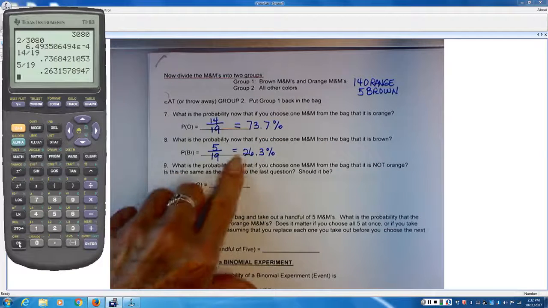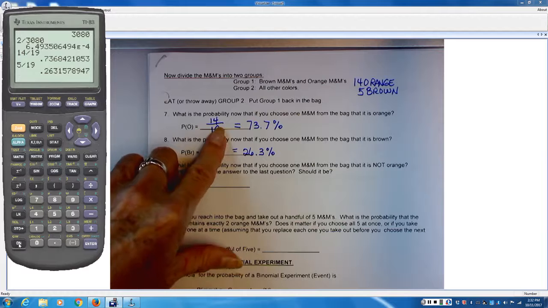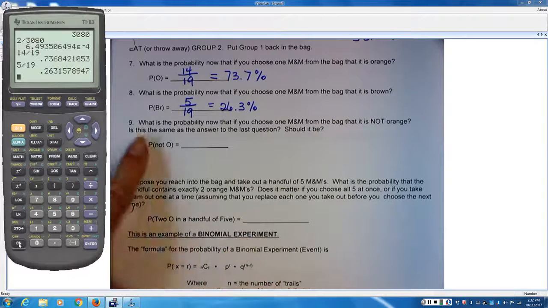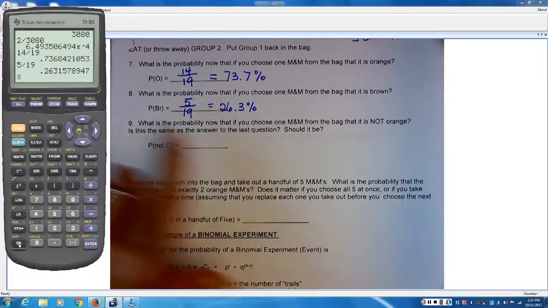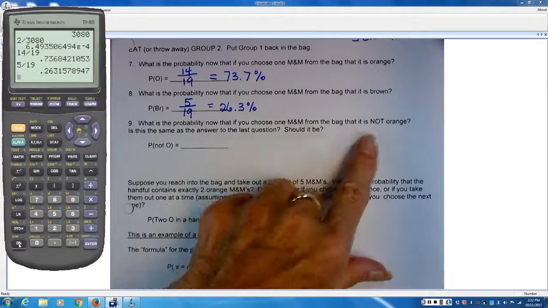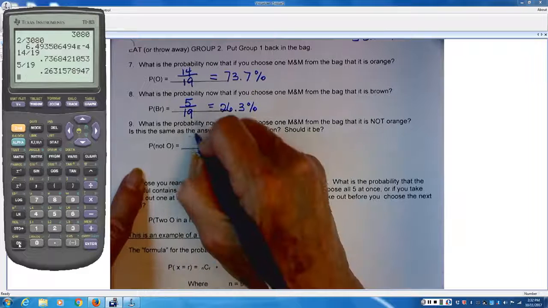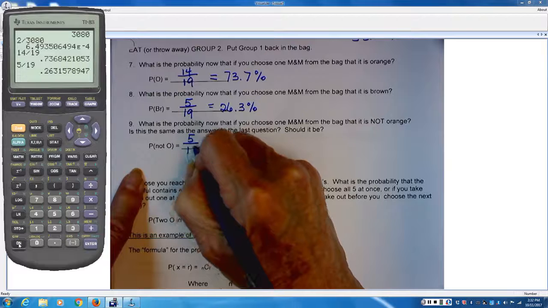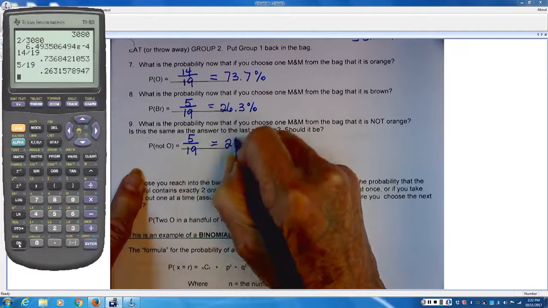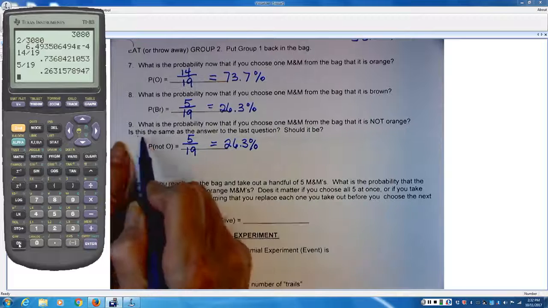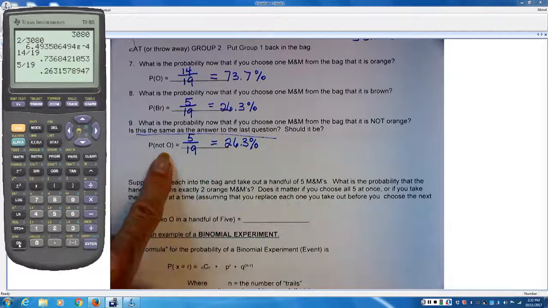I wouldn't bet on this one, but I might bet on that one. What's the probability now if you choose one M&M from the bag that it's not orange? And that is the same as the answer to the last question, because if it's not orange, what color is it? Brown.